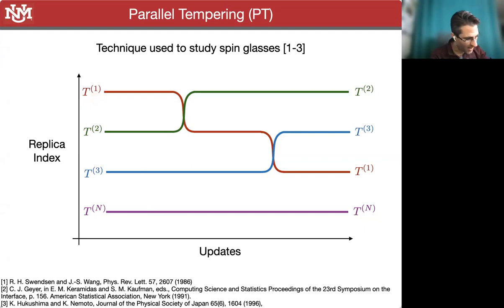And then at pre-specified points, you allow these systems to swap configurations. So for example, here, the system that was operating at temperature T1 gets swapped with the system that was operating at temperature T2. And now the system that's up here continues to be simulated with the temperature T2, whereas the system that was down here gets simulated now with the temperature T1.